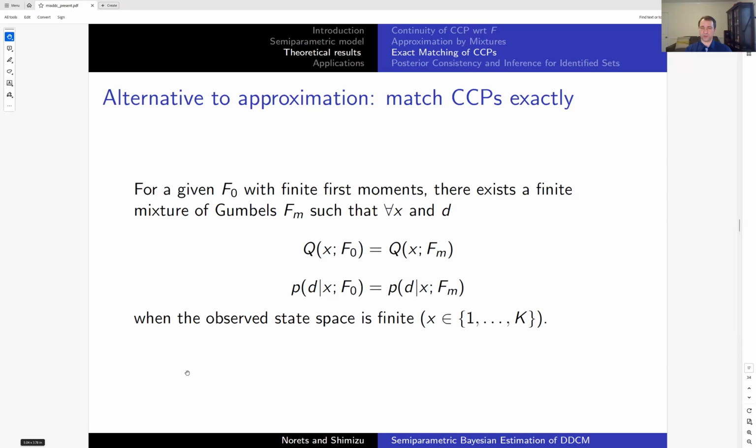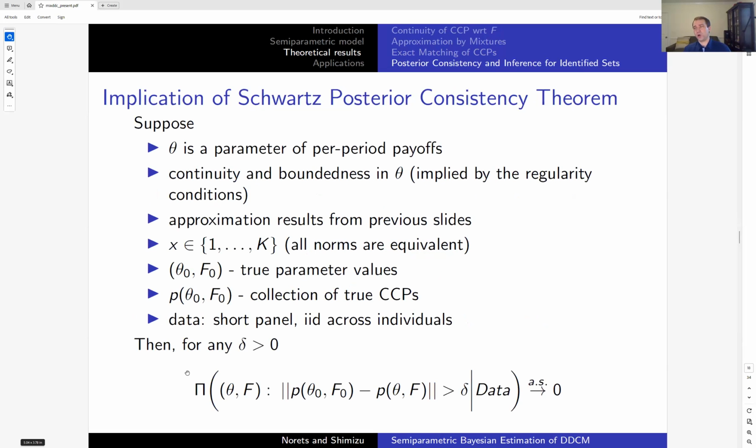This can also work to get the following implication of the Schwartz posterior consistency theorem. So we make a bunch of regularity conditions so that this dynamic program has a solution, things are bounded. And moreover, to make things simple, we assume that X belongs to a finite set, so there's a finite number of state variable values.